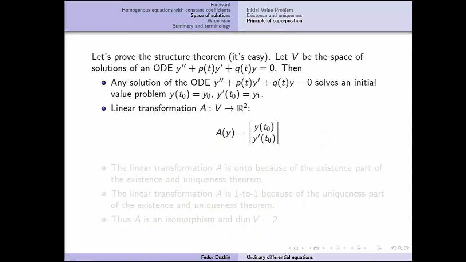Now, let us construct a linear transformation A from the space of solutions of our differential equation to the two-dimensional coordinate space. So, for example, again, in our simple example, y double prime minus y is 0, suppose that my t0 is, for example, 0.5.